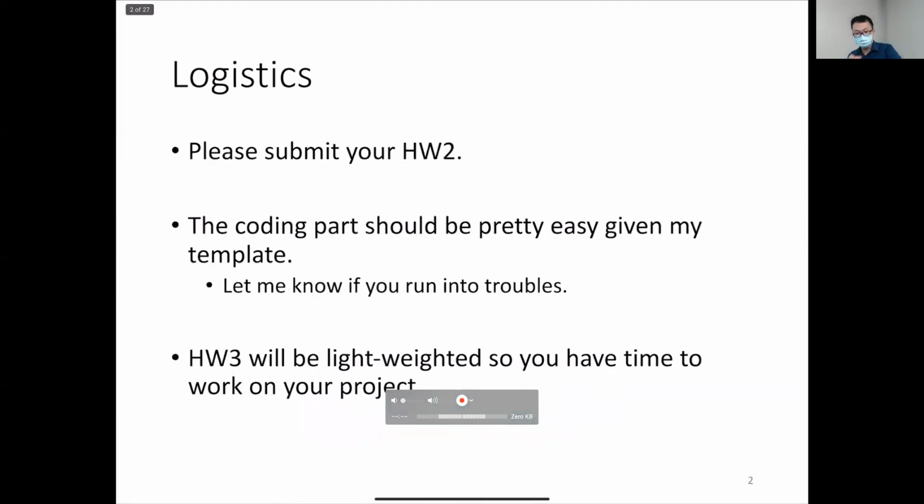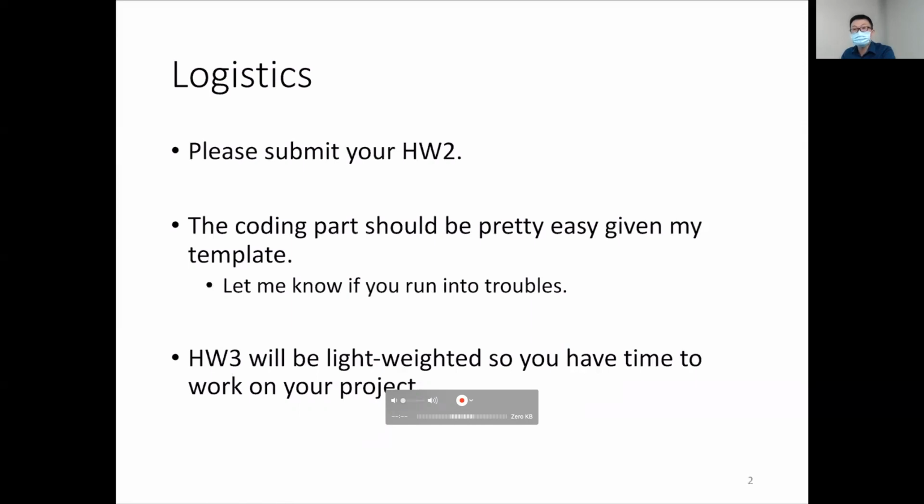Before we get to the lecture, notice that the official deadline for the second homework is today. You have a few days of grace period, so you should submit homework 2 as soon as you can.